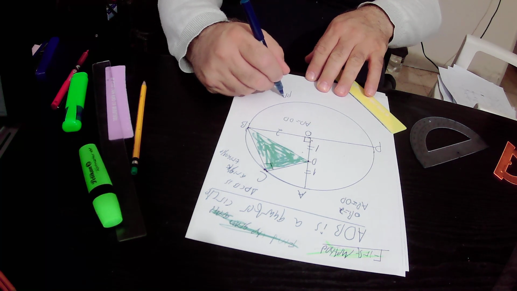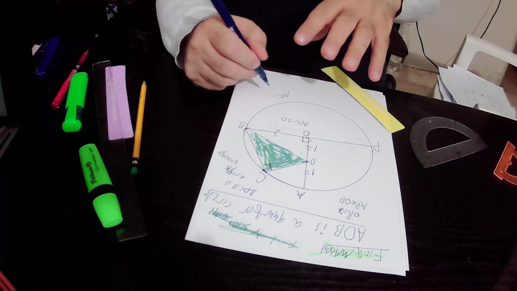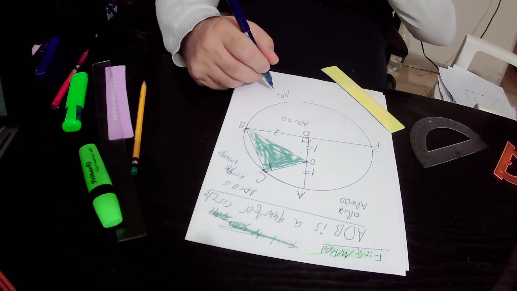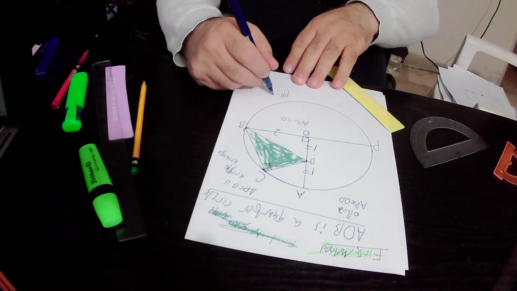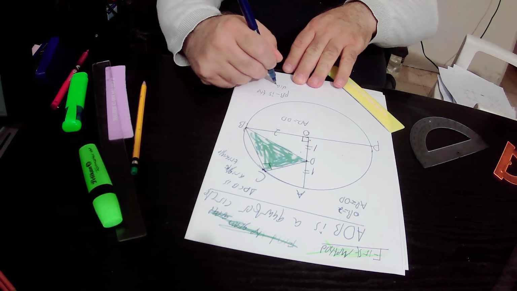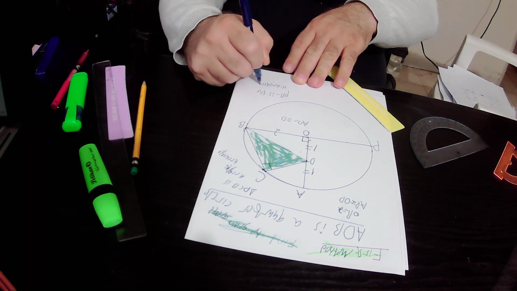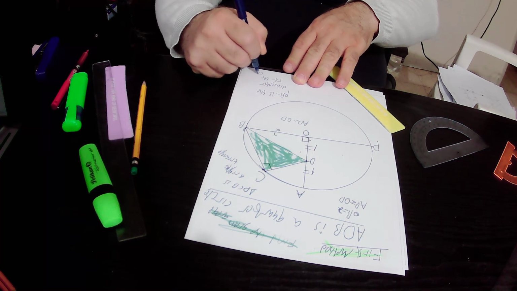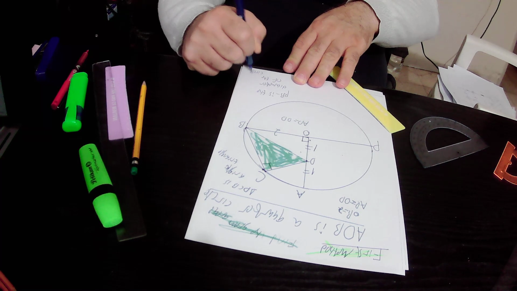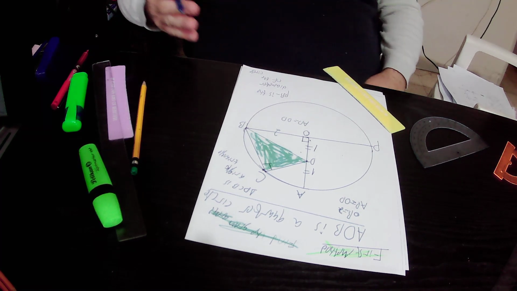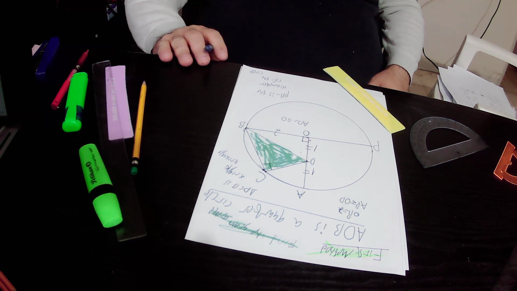PB is the diameter of a circle because any chord that passes through the center of the circle is defined as the diameter of the circle. So PB is the diameter of the circle. PB is a diameter, it is absolutely a straight line. Okay?